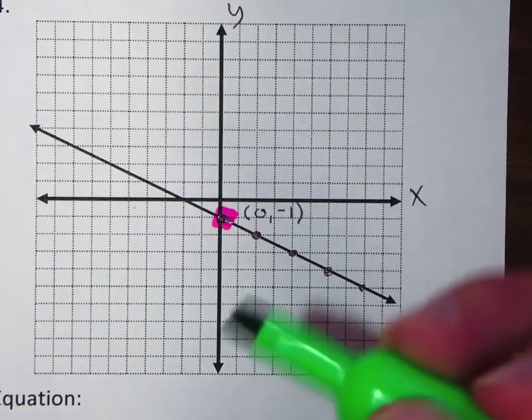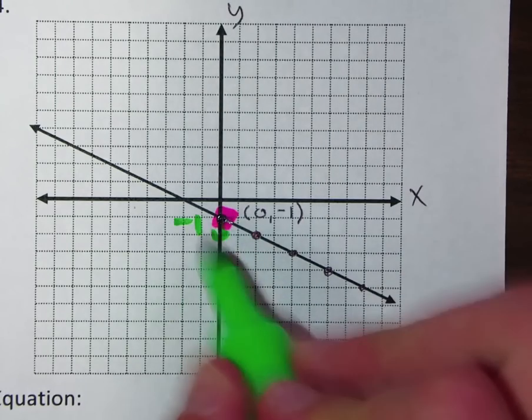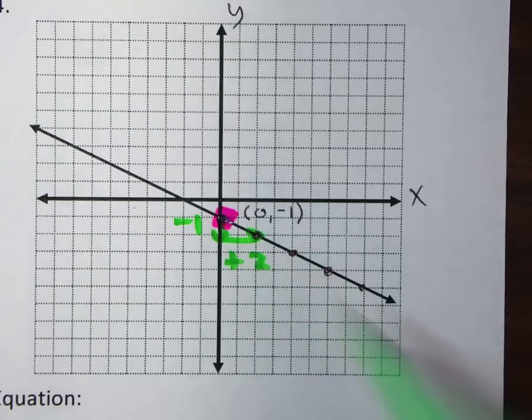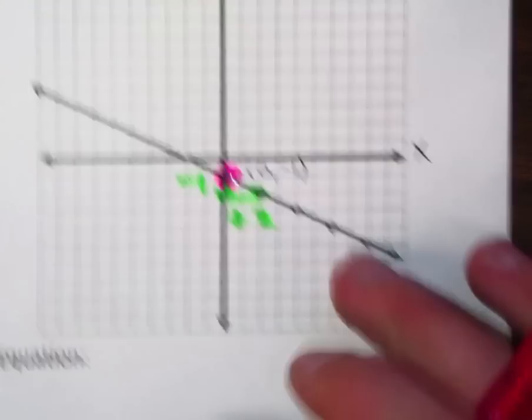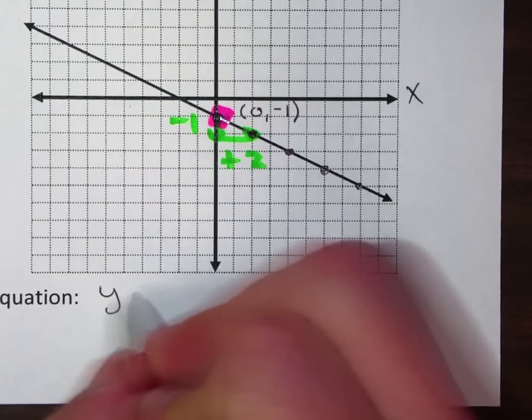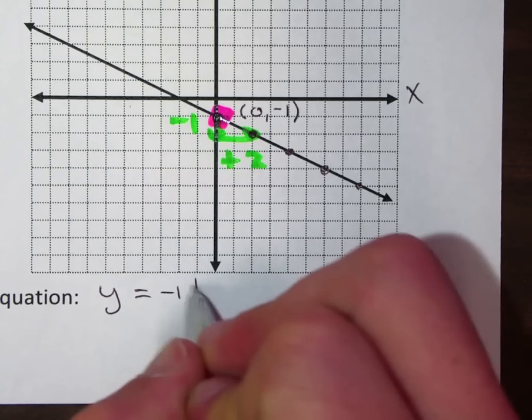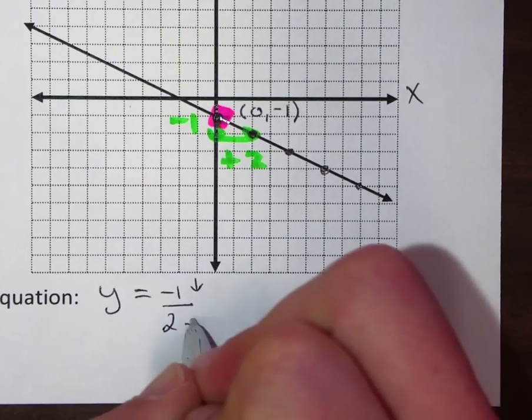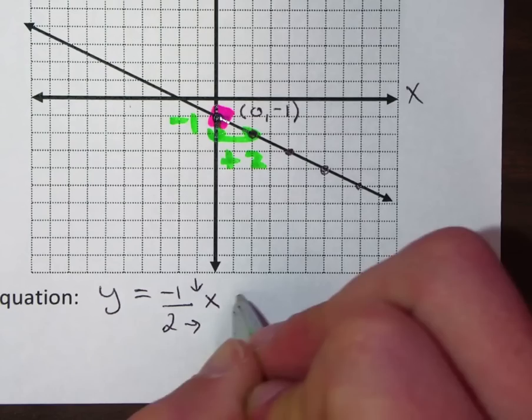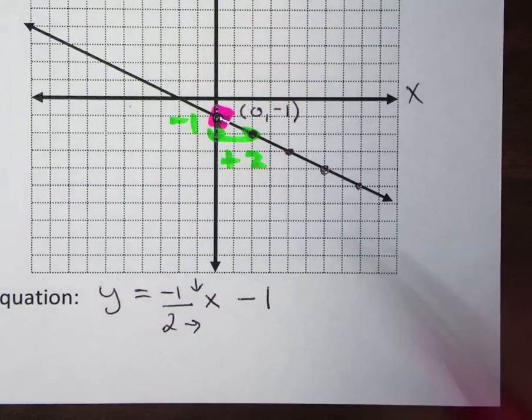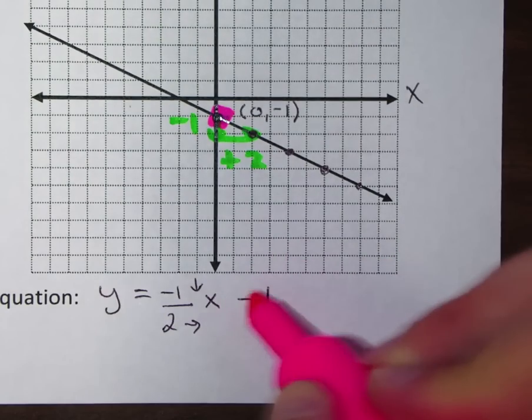So I'm going to go ahead and take a look. Looks to me to be about down 1 and to the right 2. So for my equation, I'm going to say down 1 to the right 2, and then it's going to be -1 for my y-intercept.